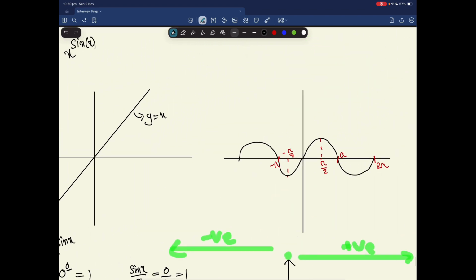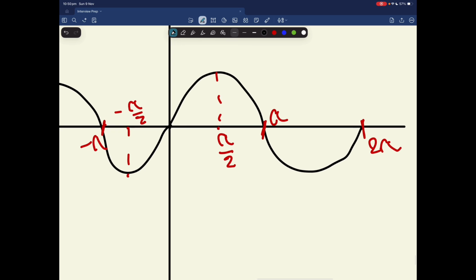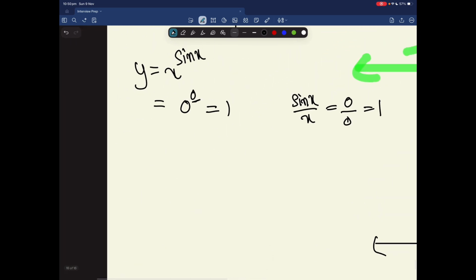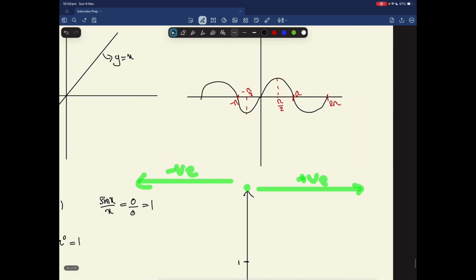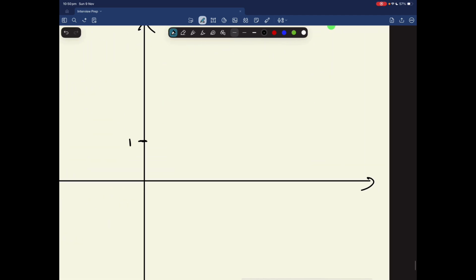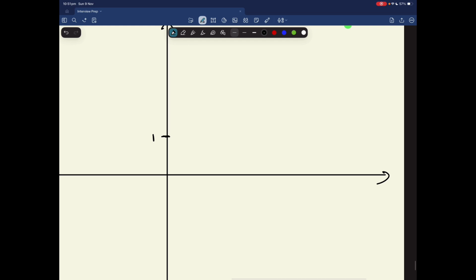Now, we know the sine x hits 0 at pi, 2 pi, at every multiple of pi, right? So suppose x equals pi. We would have y equals pi to the sine pi, which would be just pi to the 0, which would be 1. So at every multiple of pi, our graph is going to touch y equals 1.